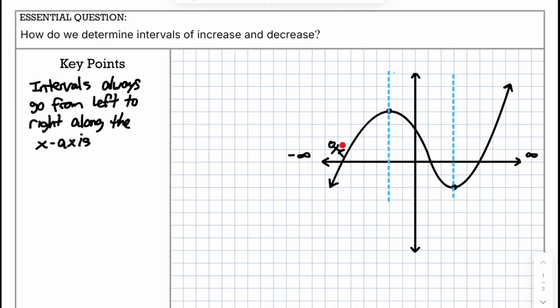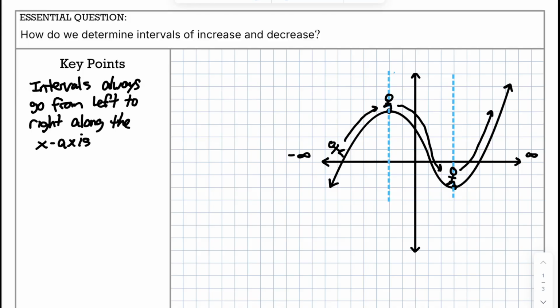And so this little guy is going to be going uphill until he gets to that high point. Once he gets there, he's at a high point. Then he starts going back down till he gets to that low point. And from there, he's going back up again for infinity. It never changes directions again.